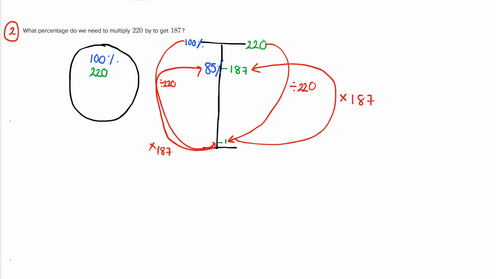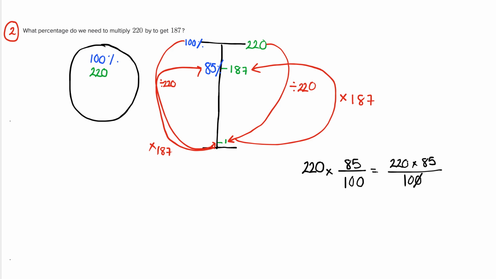And let's prove to see if that's true. If that's true, what is the 85% of 220? So it's 220 times 85 over 100. Agree? So if I do that, I write it as 220 times 85 over 100.